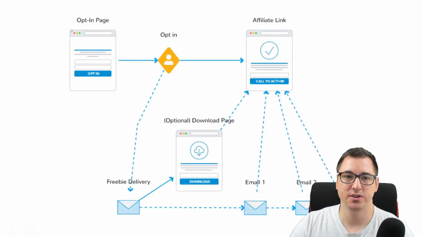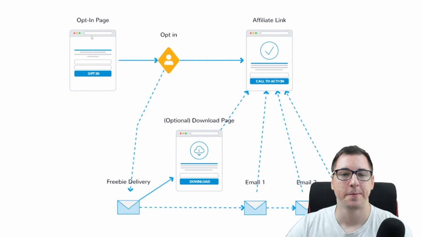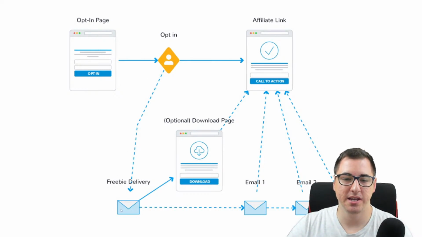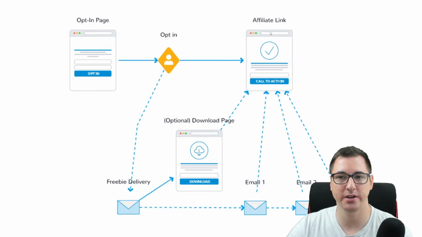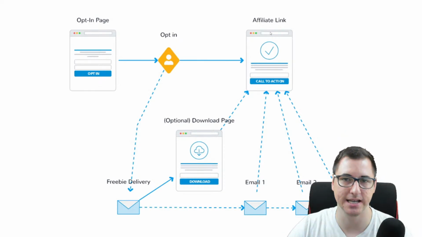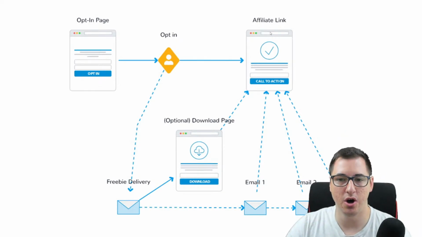So once somebody opts in, you can create this opt-in page with or without the freebie on it, like an image or a mock-up. And then once somebody opts in, you can deliver the freebie through an email, and from an email, send them directly to the affiliate link, or you can deliver the email where you send them to a download page, and from the download page, you send them onwards to the affiliate link. So these are both options that you could use with this type of page.